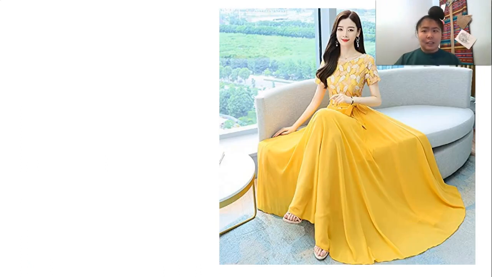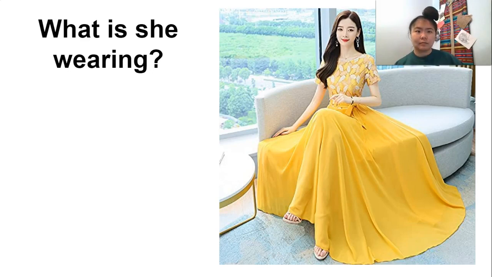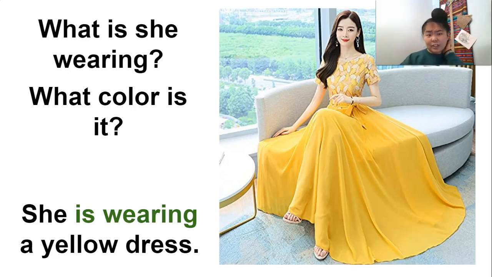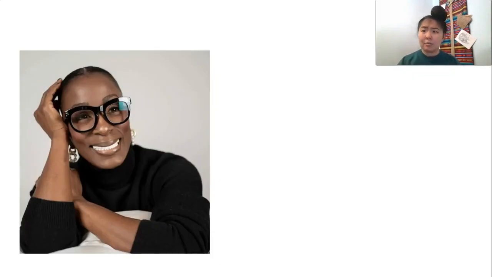Anyways, so what about this woman? What is she wearing? What color is it? If you said she is wearing a yellow dress, perfect. What about this woman? What is she wearing?